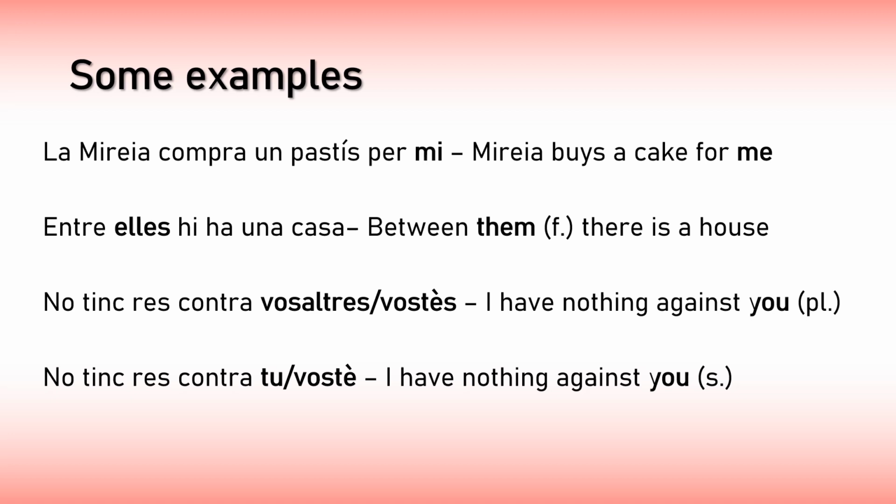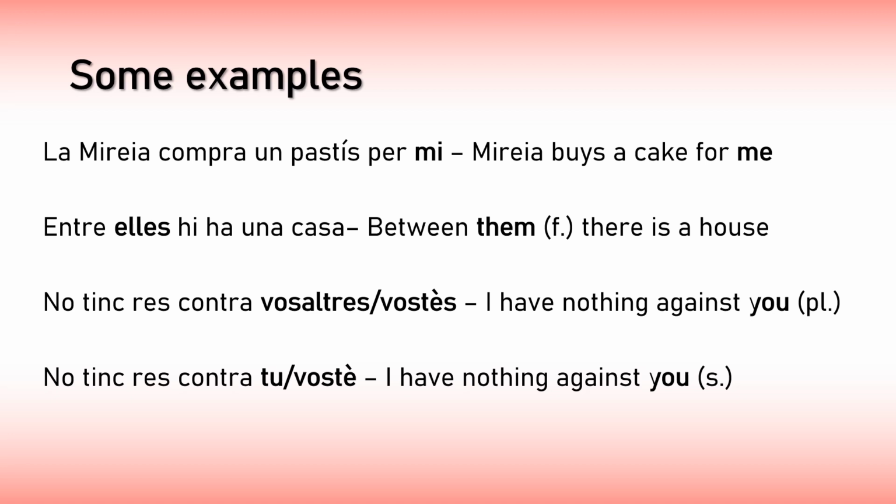Tinc is a conjugation for the verb to have, but it is a conjugation for the first person. So I don't need to say jo tinc because it is implicit in the conjugation. However, in English, like I said, you need to specify. And yes, as you can see, the pronoun after the preposition is in plural and second person, vosaltres.